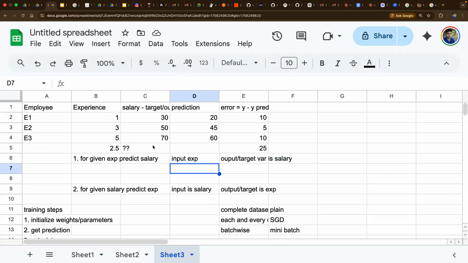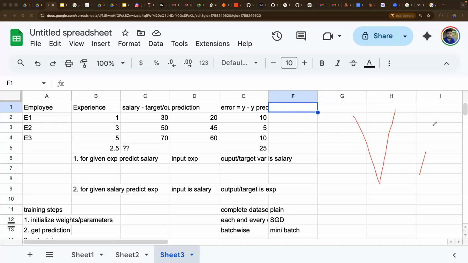For this kind of use cases, the error we usually follow is squared error, that is y minus y pred whole square. It is because, as I mentioned earlier, we don't want a non-differentiable function which looks like this or like this.